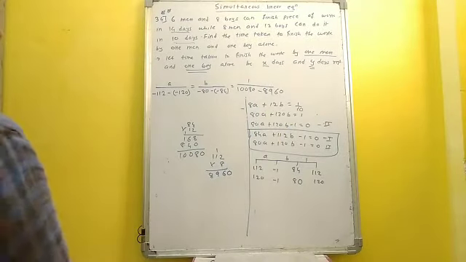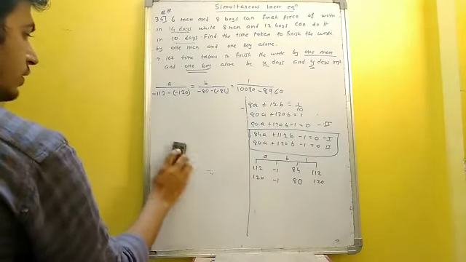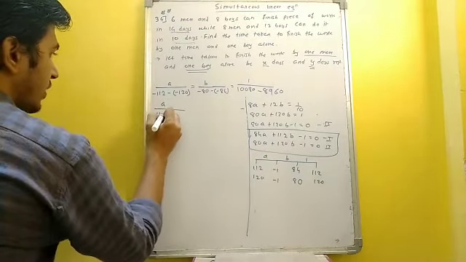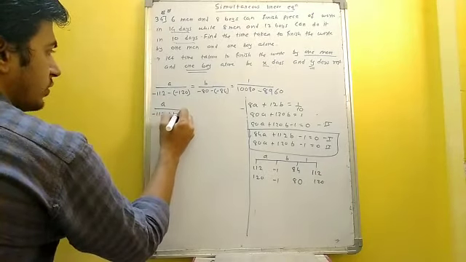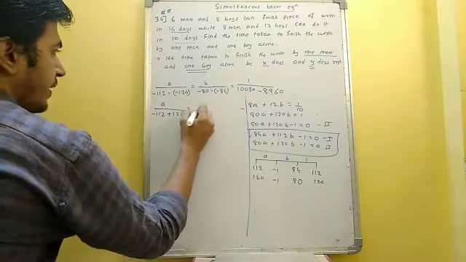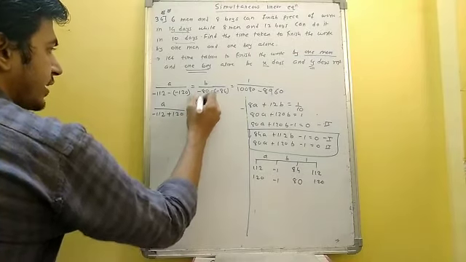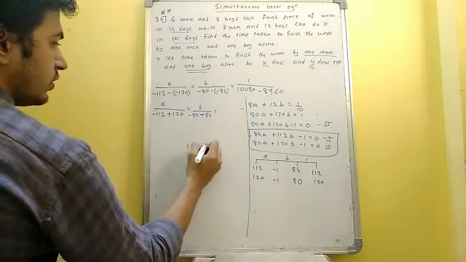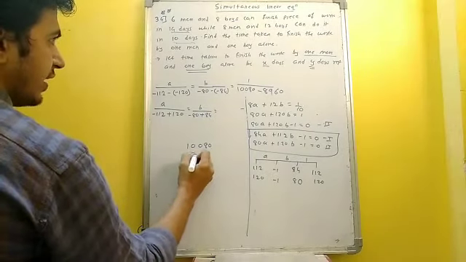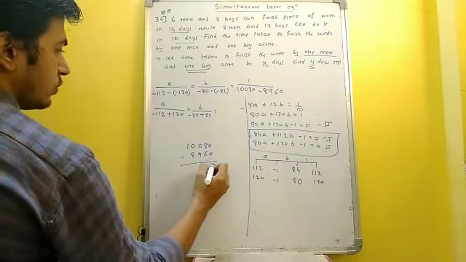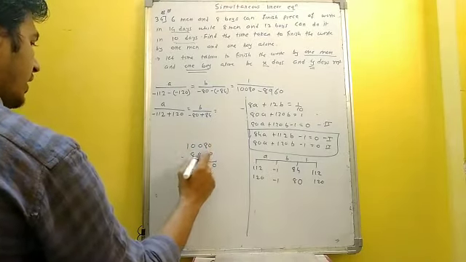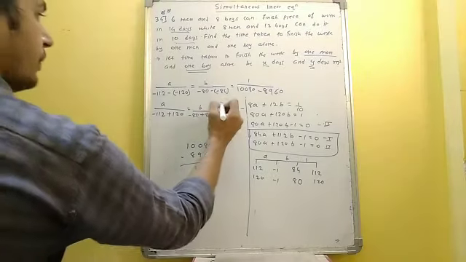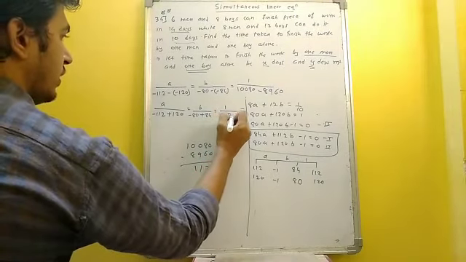Okay, so I'm having a upon minus 112, minus minus will become plus 120, b upon minus 80 plus 84 is equal to 10080 minus 8960, so 1120.